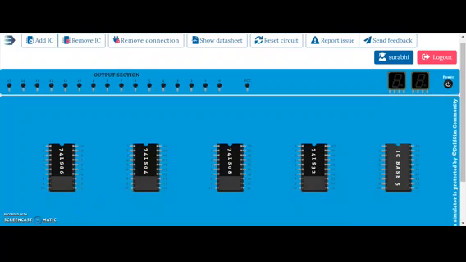Now for every IC we have to make the ground and VCC connection. Please make sure that power is off when you are making the connections. So ground will be pin 7.